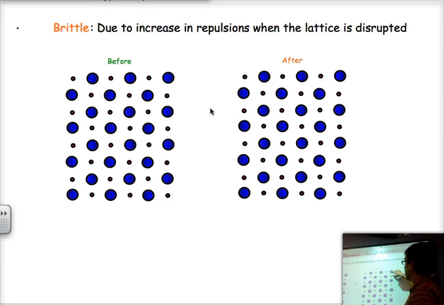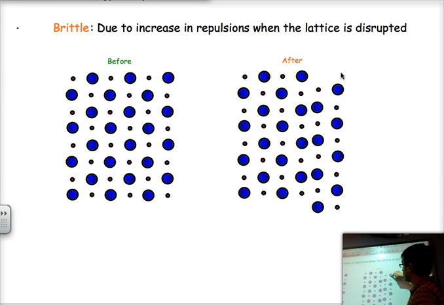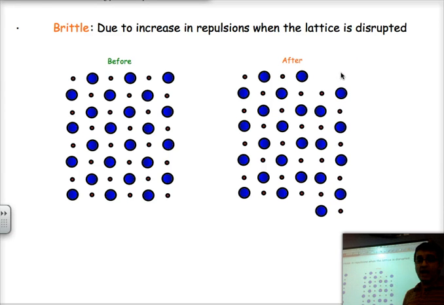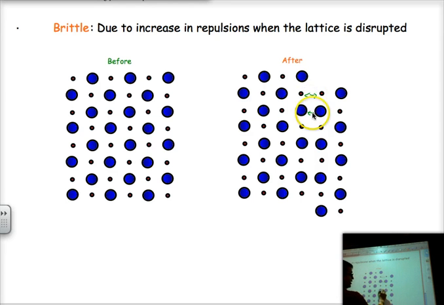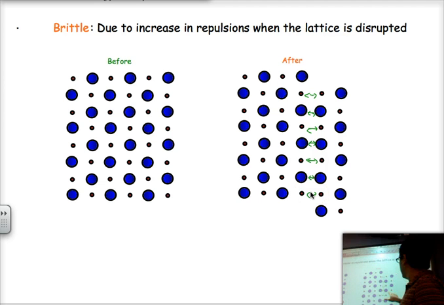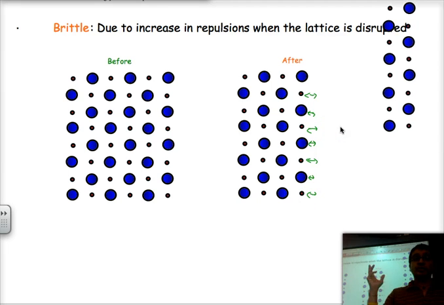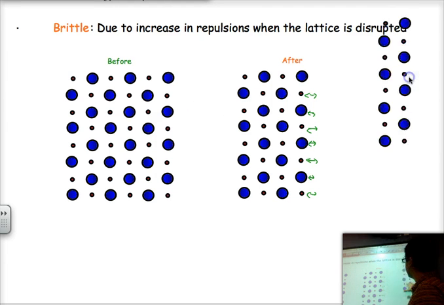If I push down on this, I now have my positive next to the positive, and they will try to repel, and my negative next to the negative, so they want to push each other away. If that repulsion is strong enough, our compound flies off and breaks, and that's exactly why.